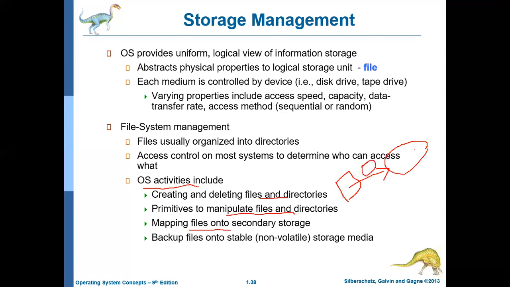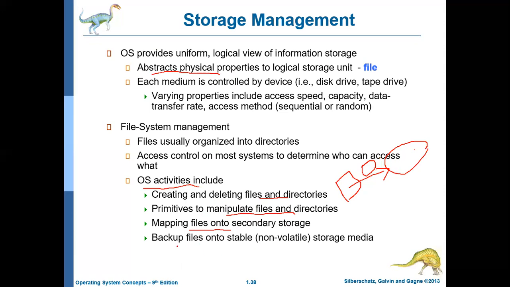The user does not know how it is mapped, but the operating system deals with this mapping, so we say that the operating system abstracts the physical properties of the storage devices and provides a logical storage unit. So mapping files to the secondary storage device is done by the operating system.